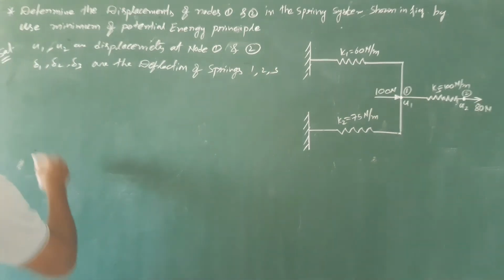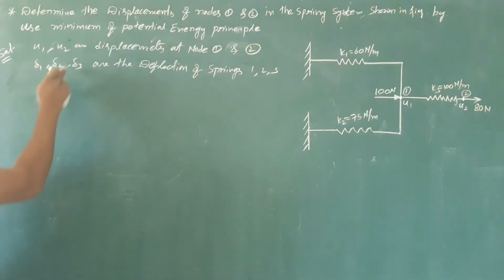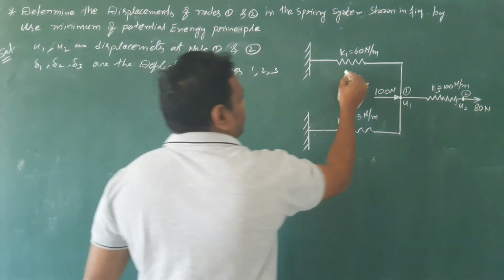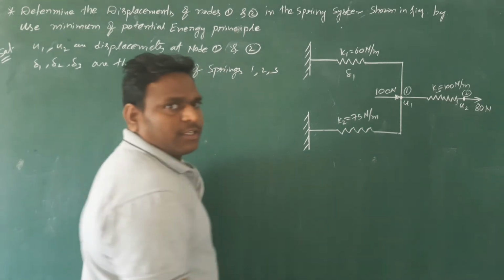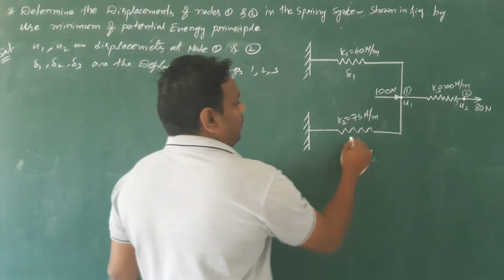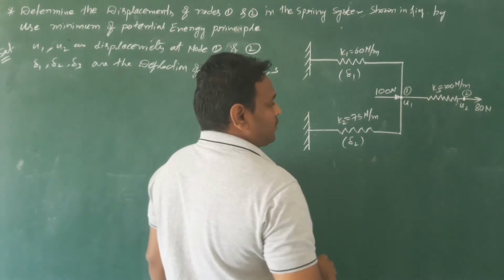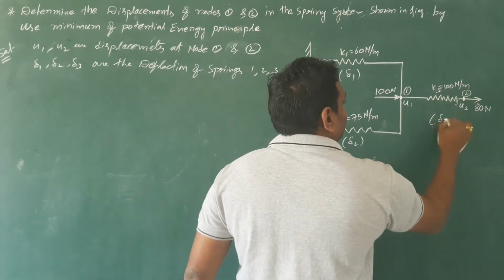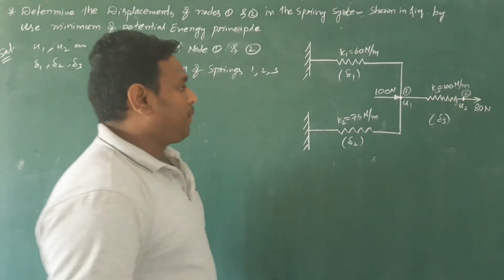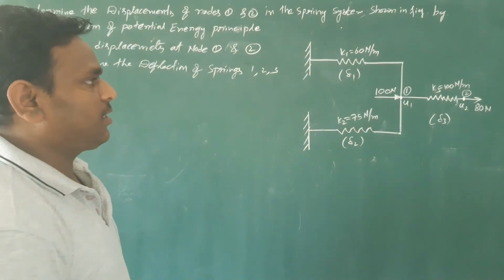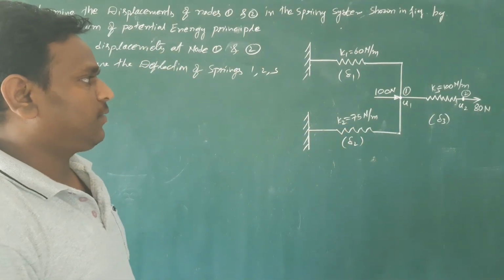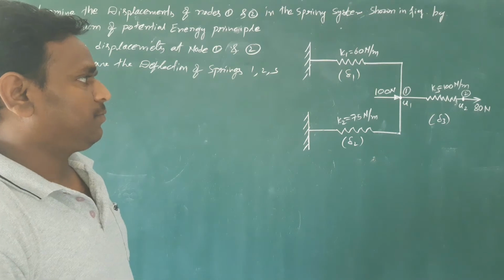Next, write the relation between the displacement and deflection. Delta 1 is the deflection of spring 1, delta 2 is the deflection of the second spring, and delta 3 is the deflection of spring 3.